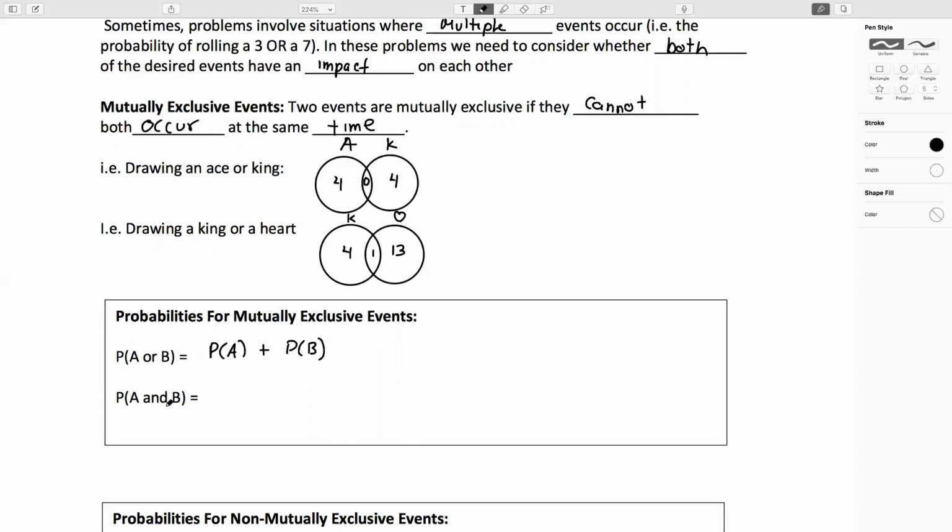All right, probability of A and B. If they're mutually exclusive, you can't do them both at the same time. That means the probability of both happening is 0. And that's the big idea. The probability of A and B has to be 0 for them to be mutually exclusive.